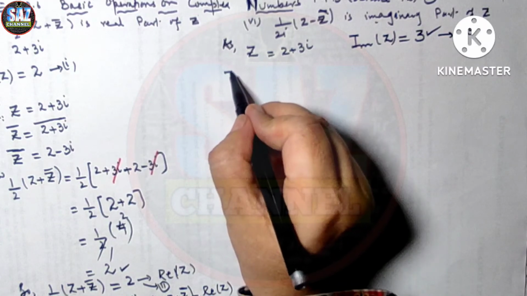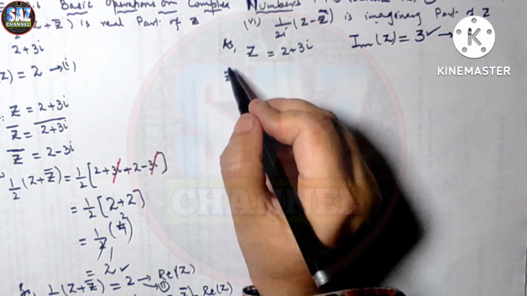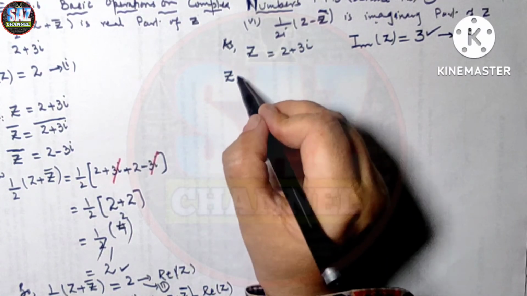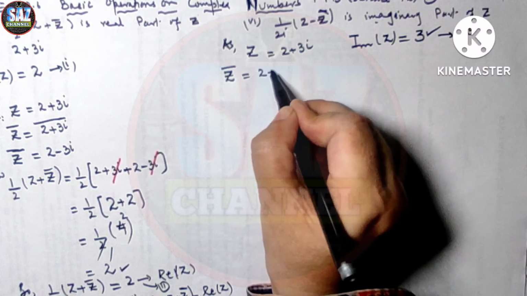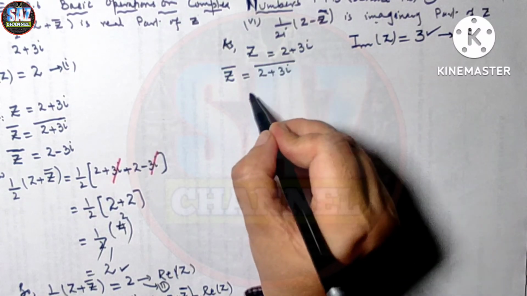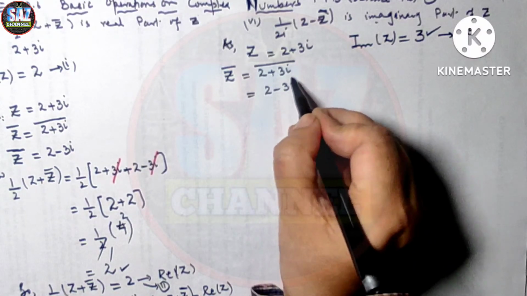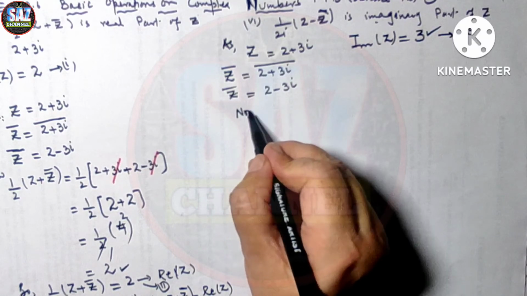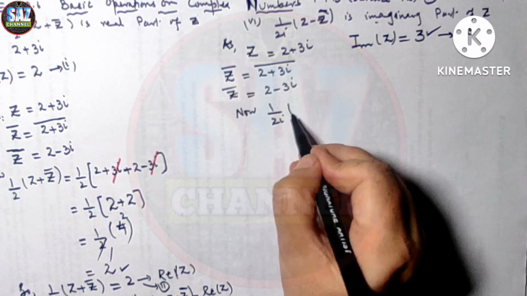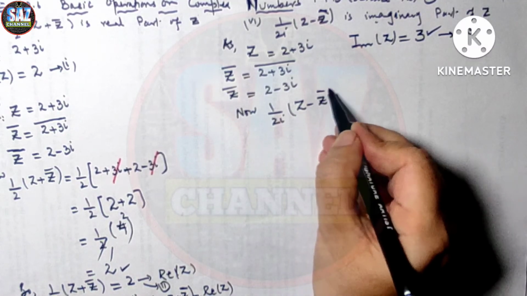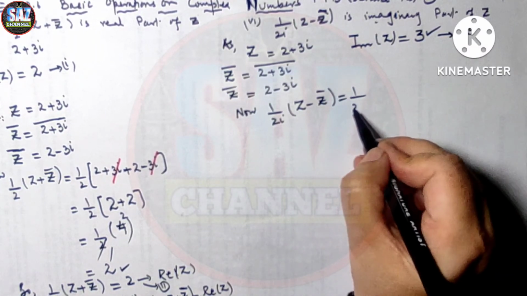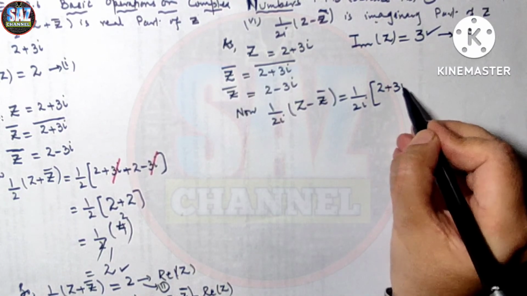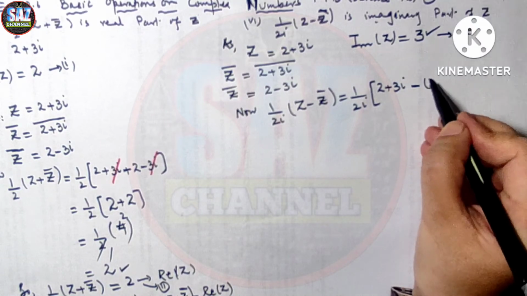Okay. Now, z bar, let us treat it separately, and this question has come in the exam. So, how are you going to do that? z bar equals (2 plus 3 iota) whole bar, and this will become 2 minus 3 iota. This is the answer of z bar, and again I have to take 1 over 2 iota (z minus z bar), replacing the values of z and z bar, (2 plus 3 iota) minus (2 minus 3 iota), and now I have to apply the distributive property carefully.